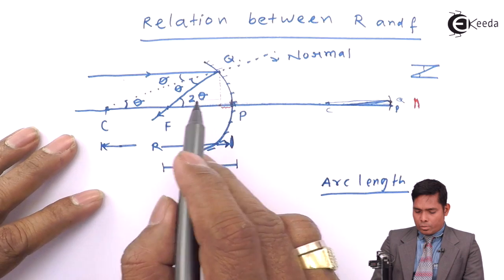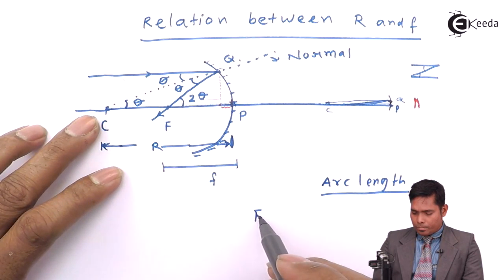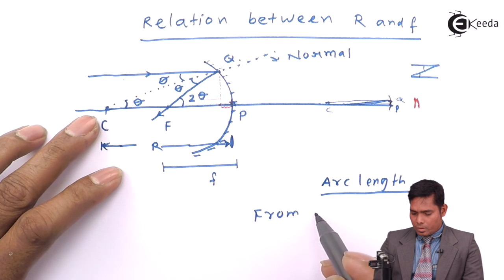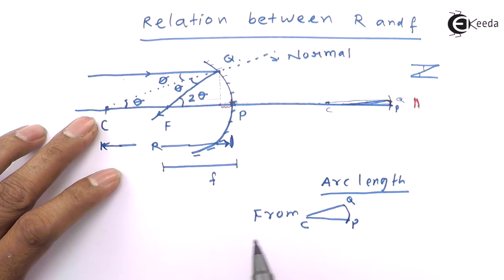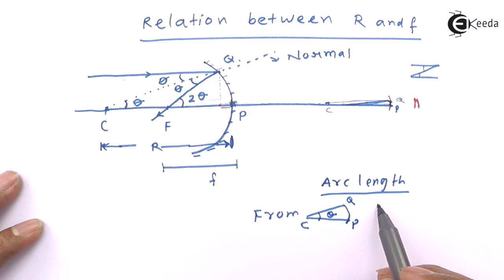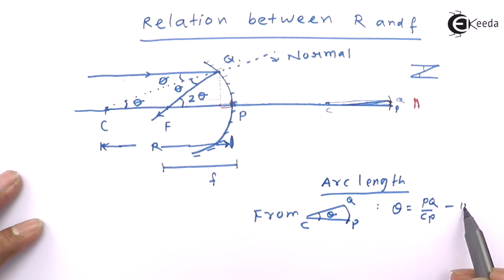Here you see CQP, from this C, Q and P. This angle is theta, and we know that angle is arc length upon radius. This is equation number 1.